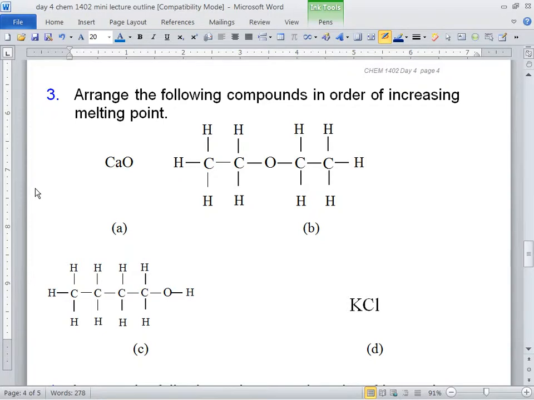Arrange the following compounds in order of increasing melting point. You got A, B, C, D. List them A through D with the first letter having the lowest melting point, the weakest interactions going on in that crystal.